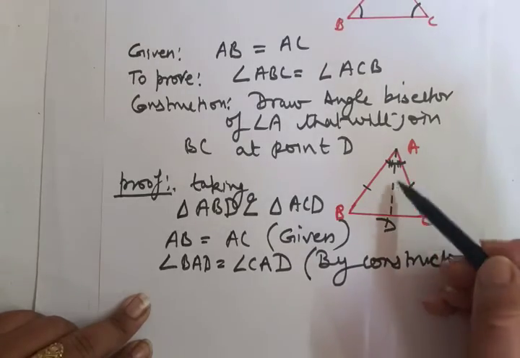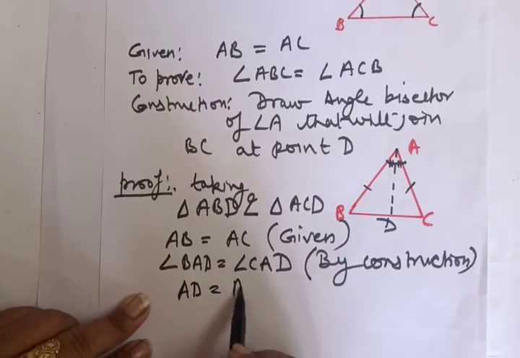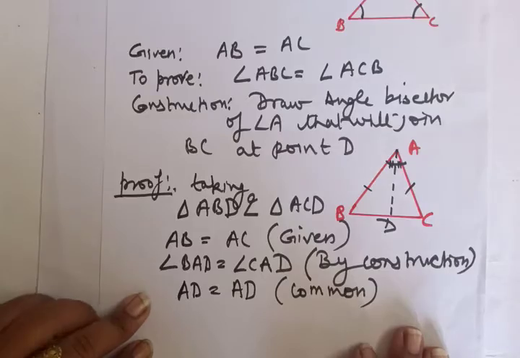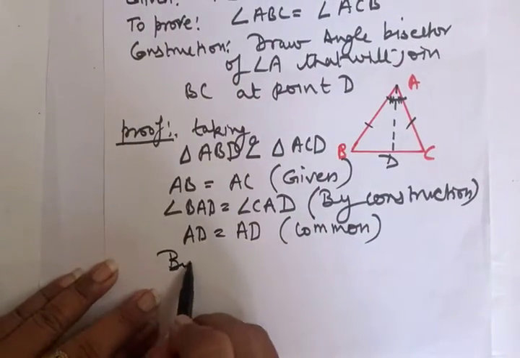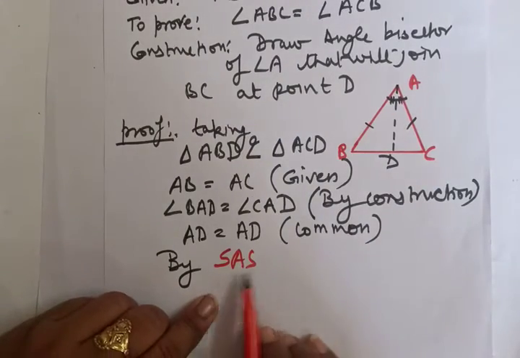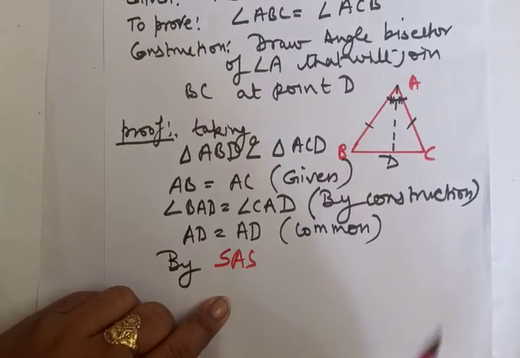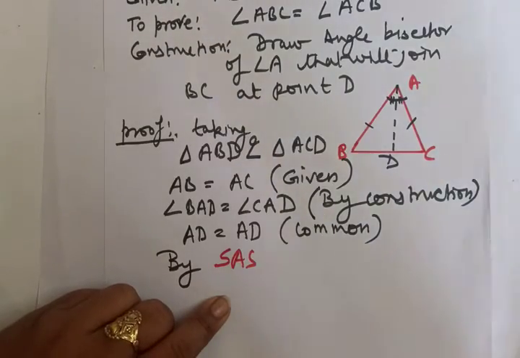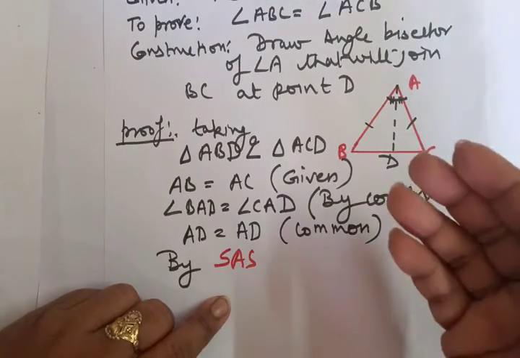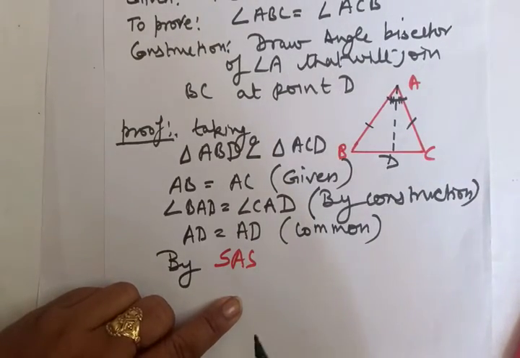So one side is required, and we can see AD is common in both the triangles, so we write AD is equal to AD, that is common. So by SAS, these rules are also very important, from which rule we have proved the two triangles congruent. So it is again worth half marks. Because there is step marking, it is very important that we write every single step.